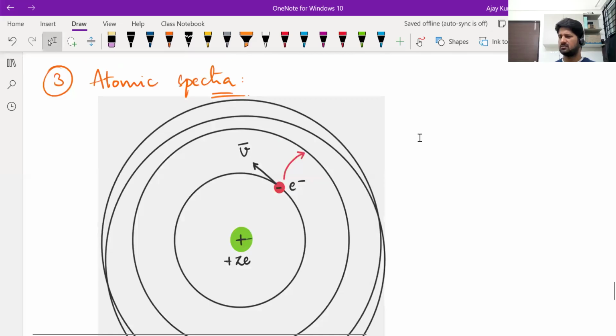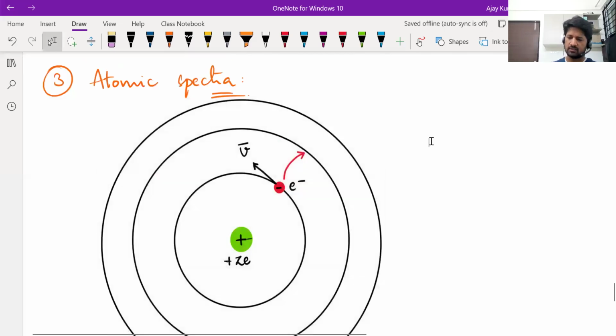To which orbit it goes is not part of our discussion; there's a probability based calculation, and you will learn that in engineering, not now. But the electron will only accept those photons which will help it jump from one stationary orbit to another. That is why a particular atom absorbs only particular wavelengths of radiation, not all.